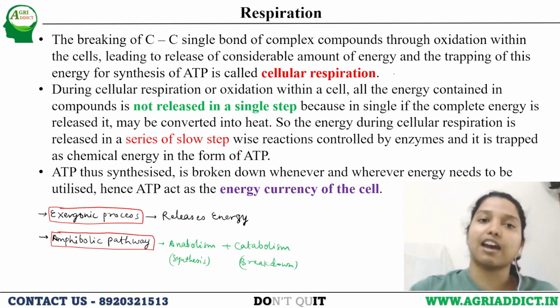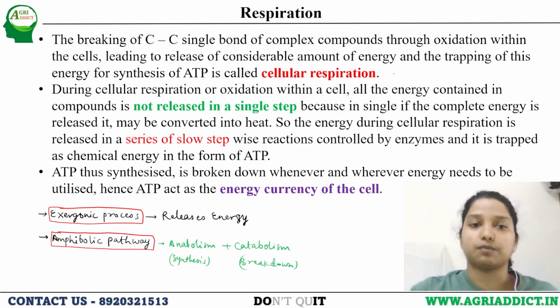So the first thing we have to know is what is respiration. It is the breaking of carbon-carbon single bonds of complex compounds through oxidation within the cell, leading to the release of a considerable amount of energy. So in respiration, what is happening?